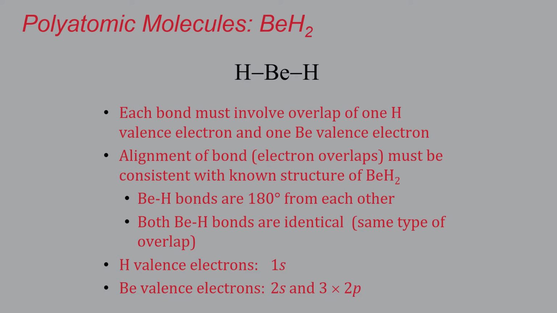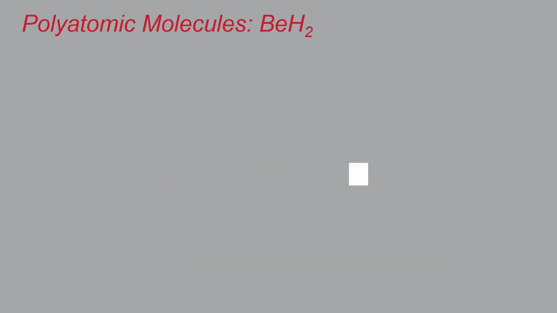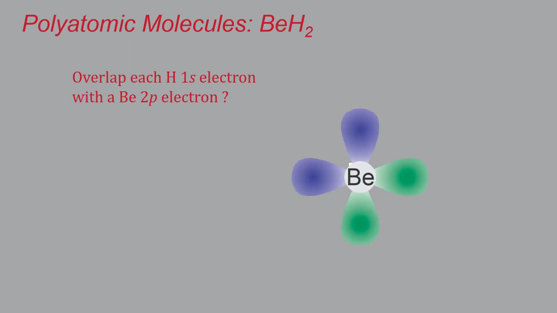All right, so let's try to put this together. So the first scheme, let's try overlapping a 1s electron from the hydrogen with the 2p electrons from beryllium. Now remember that p electrons or p states come in sets of 3 that happen to be oriented 90 degrees away from each other.